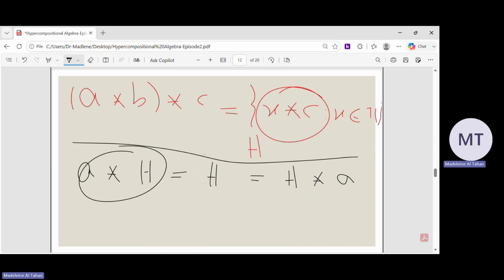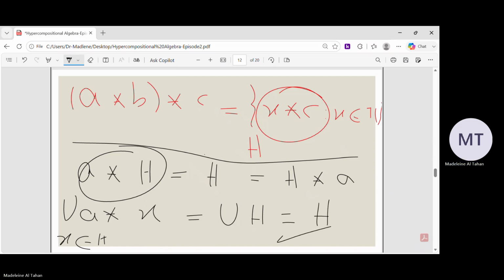I will do this one: a star H is the union of a star x such that x belongs to H. But a star x is H. The union of H is H. And of course, H star a is done in the same way.